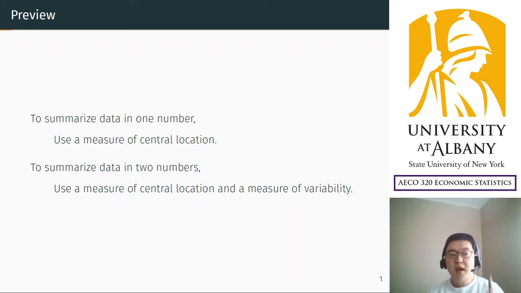To summarize the data into one number, you use a measure of central location, the mean or the median. But if you may use a second number, so summarize the data into two numbers, then you are going to use a measure of central location and a measure of variability. These two numbers are the best and most common way to describe data.